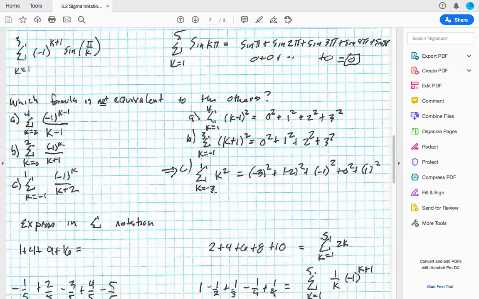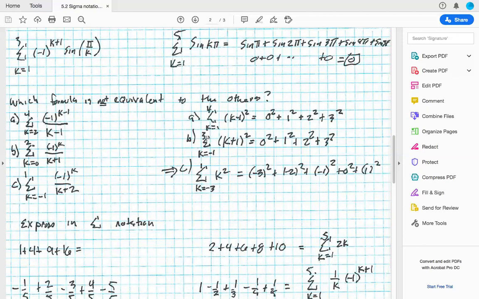Now we're taking the sum of k equals negative 3 to 1. So here we have negative 3 squared, then we add 1 to this, negative 2 squared, then we add 1 to this, negative 1 squared, then we add 0 squared, then we have 1 squared. And we want to compare which ones of these are the same.